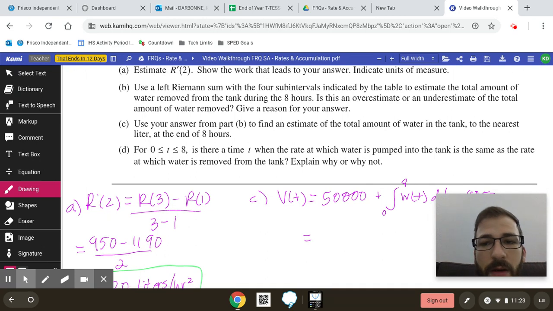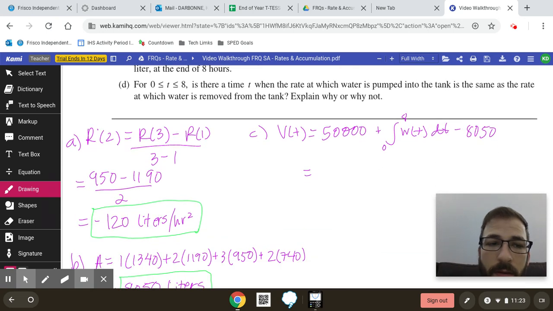Let's see. Nope. So 49,786.195 liters, because that is an amount in liters because we integrated.